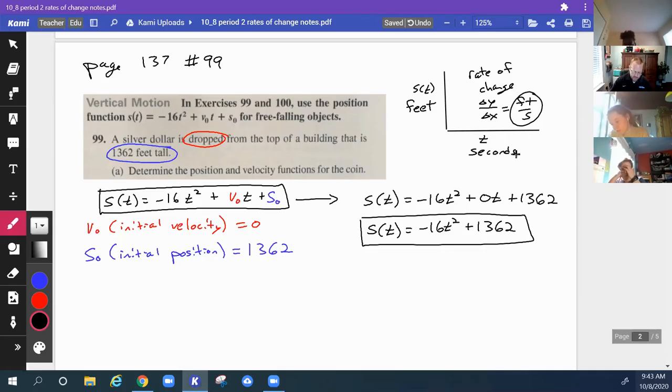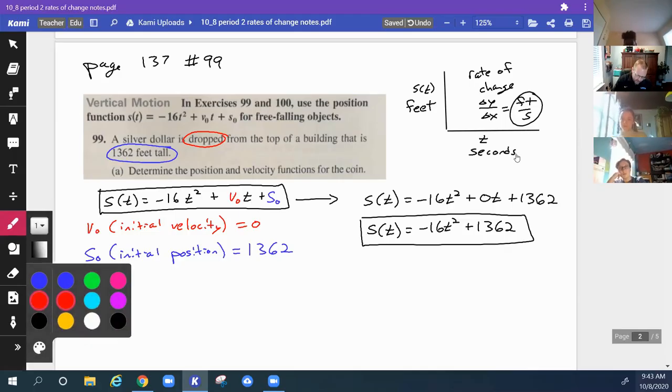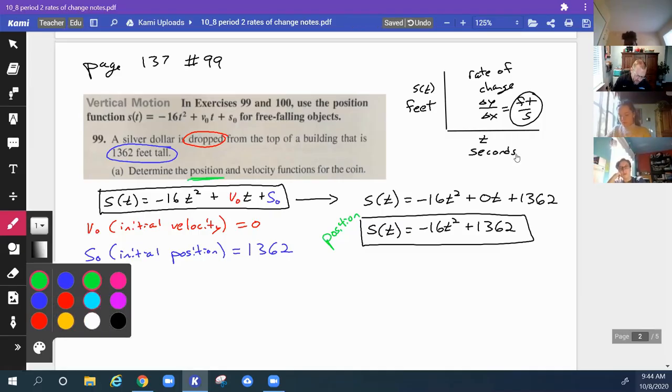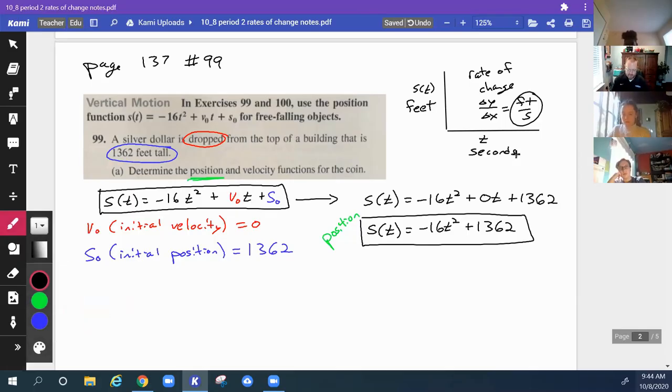All right, so now I want to determine the position function, which I did. Remember, this right here is position. So my position is definitely right there. And now I want to calculate the velocity function. Well, velocity is the rate of change of position.